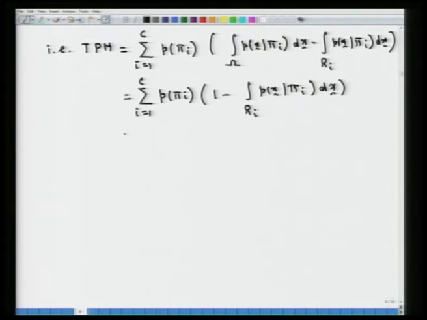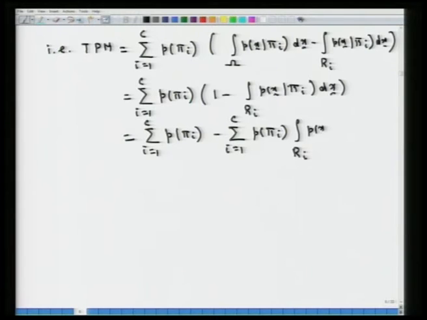dx. So, the first term that we have after we open the bracket is summation i equal to 1 up to c of p of pi i, minus summation i equal to 1 up to c of p of pi i into the integral over Ri of p of x given pi i dx.